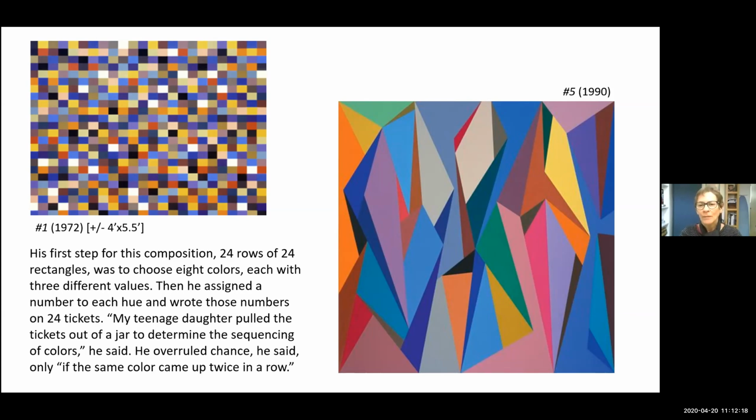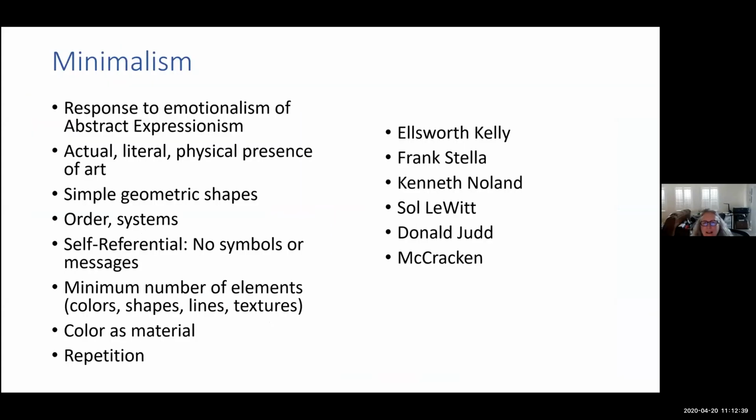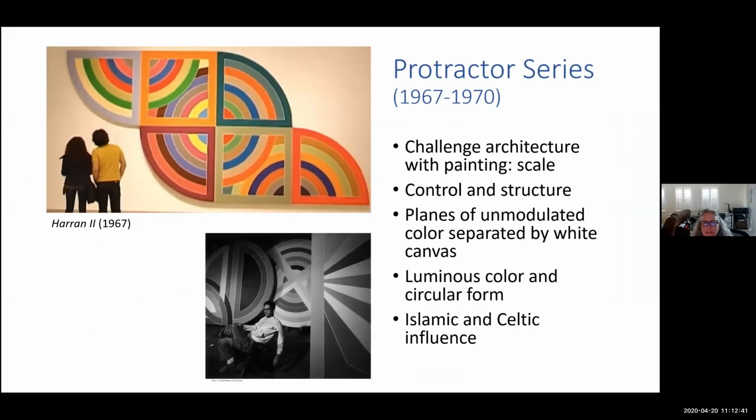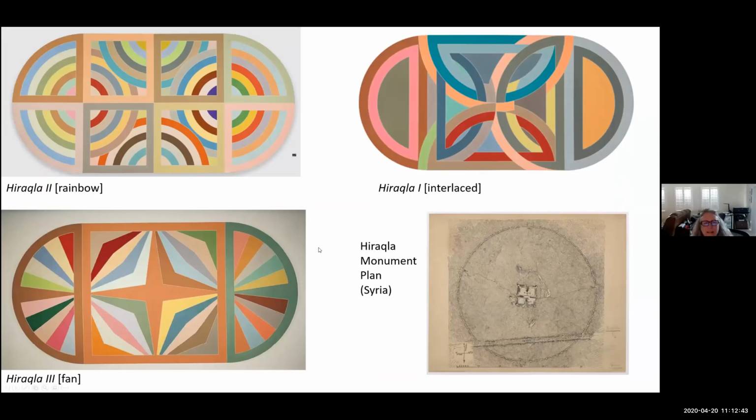Does he wish to evoke this kind of feeling, or are they so random the way he chose them that they don't seem to harmonize to me? I don't know. See, I find that really interesting, because when I look at the Frank Stellas, I do feel harmony. To me, these colors do work together.